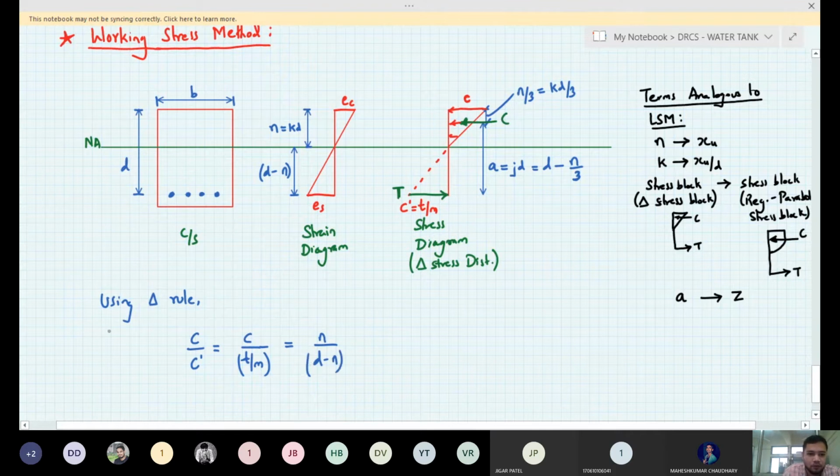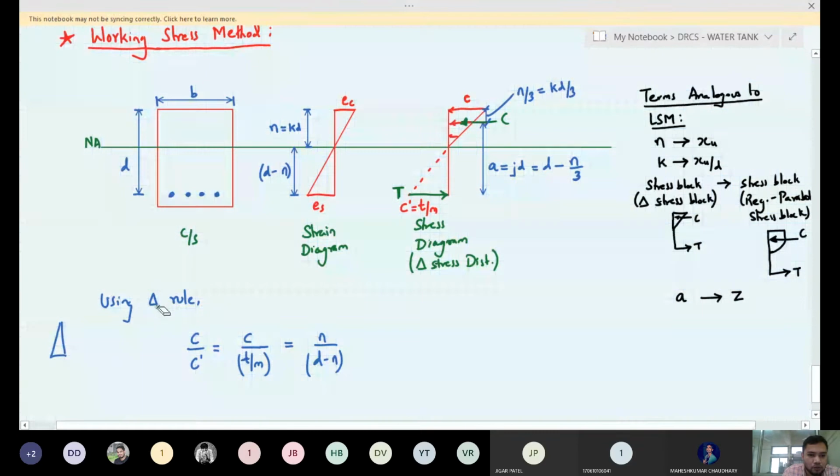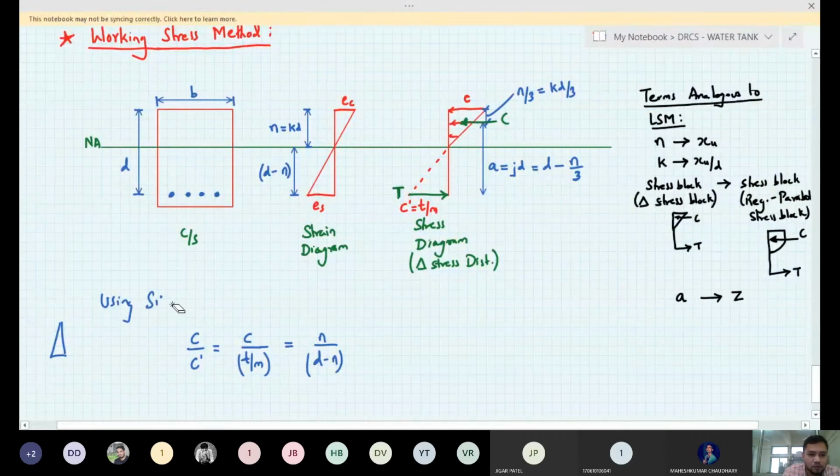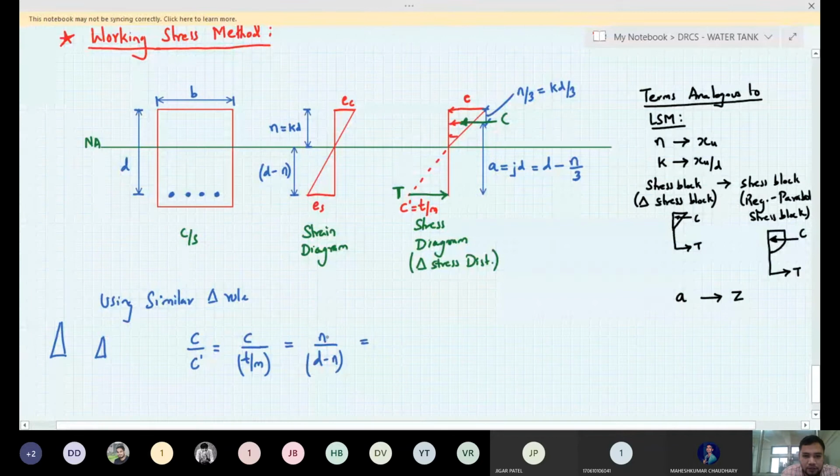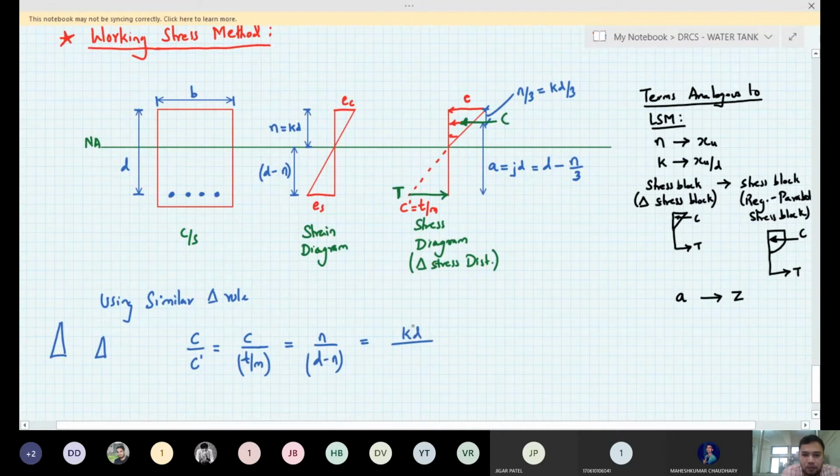If you remember the similar triangle rule, suppose we have two similar triangles, then the ratios of the sides are proportionate. So this is N. N is nothing but your K into D, and this is D minus N, so we can write D minus KD.